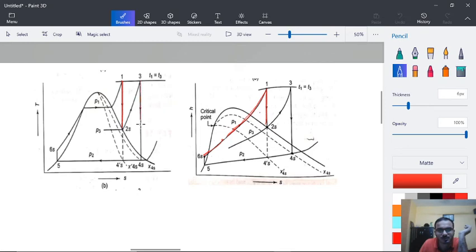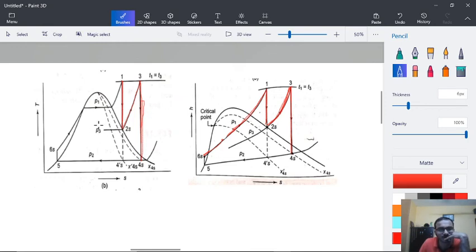So there is not much difference between the expansion lines. Now again here also we are having heat addition, which looks similar in both because both are in the superheat region, so there is no difference present over here.